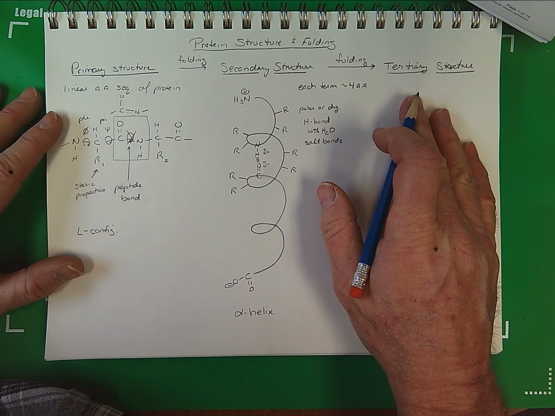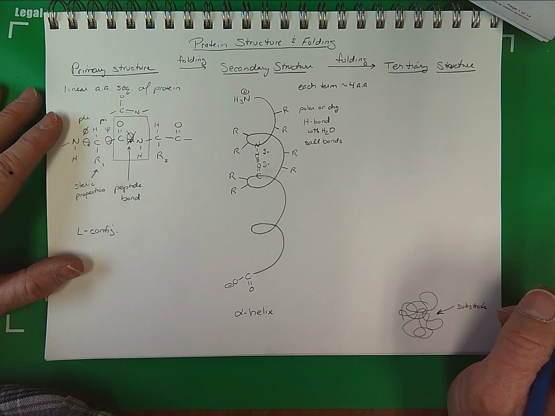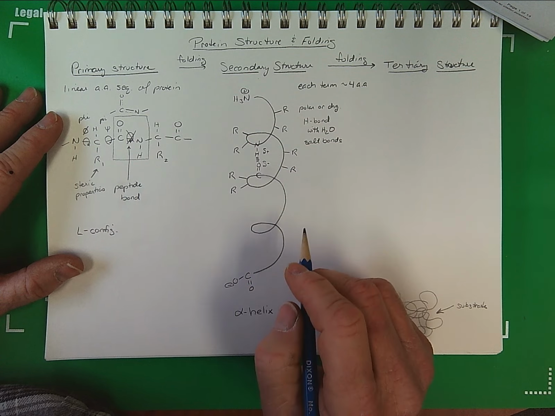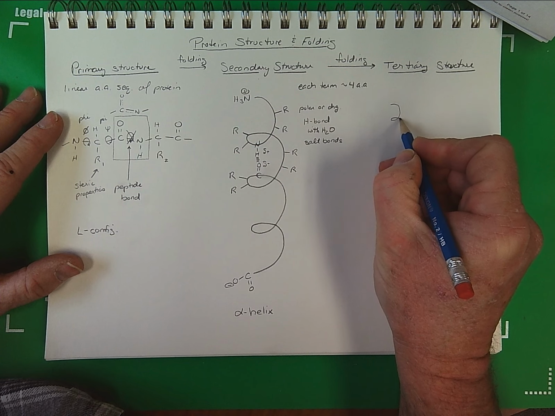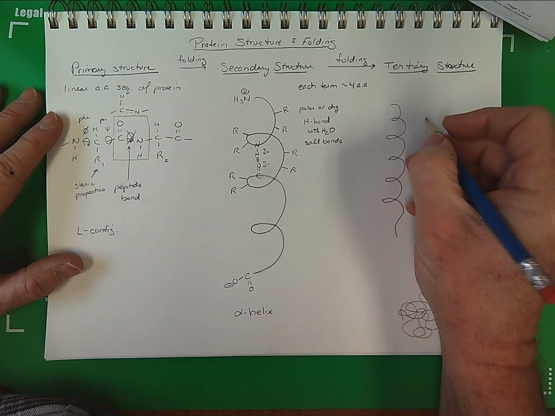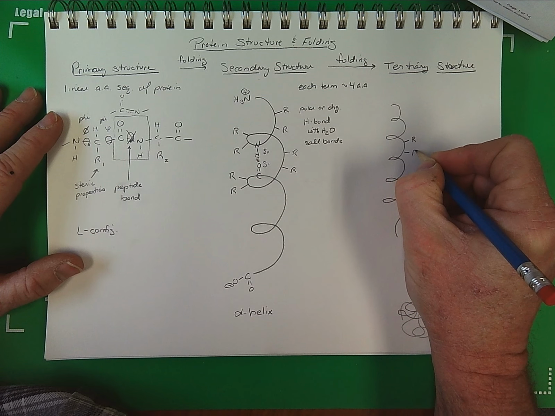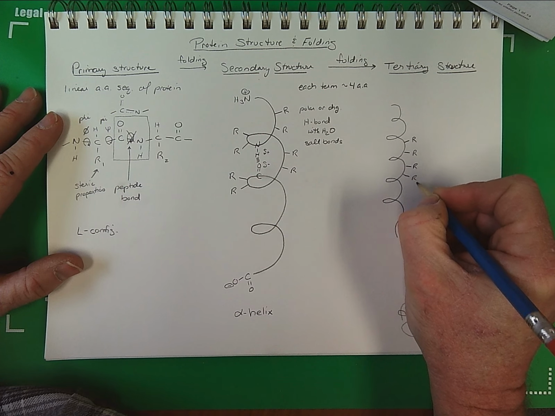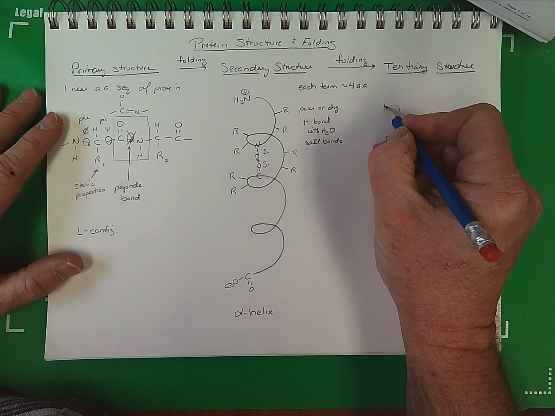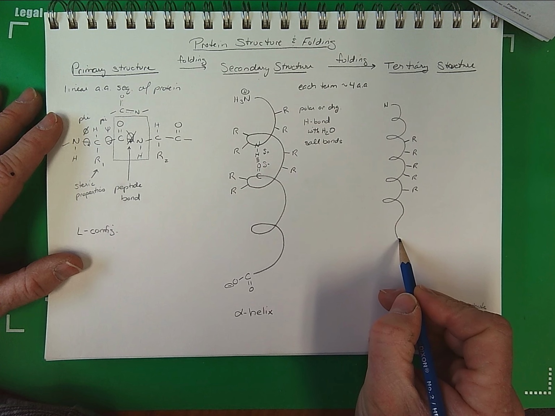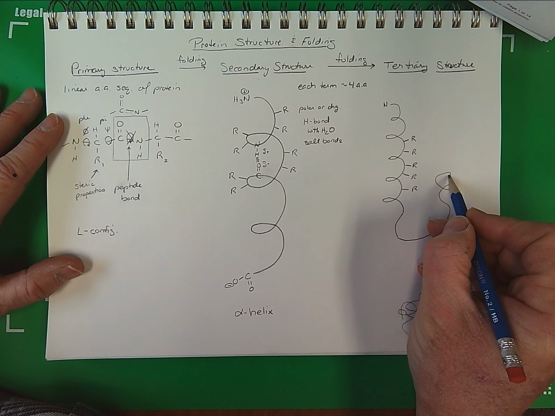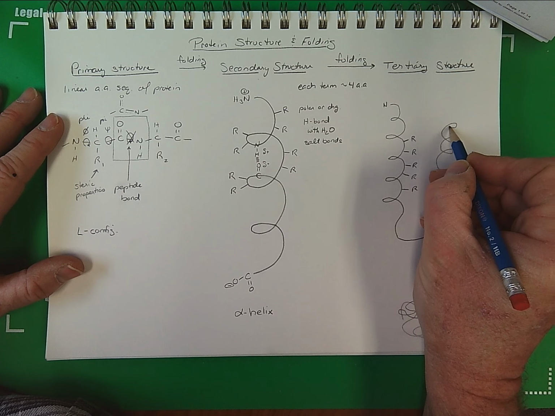So how does tertiary structure come about from secondary? Tertiary structure is primarily interested in these R chains. So if we have an alpha helix with R chains coming out the sides of the helices, we could have an alpha helix form in part of a protein, and then it could potentially loop back on itself and form another alpha helix.